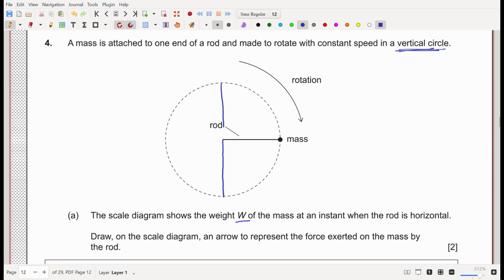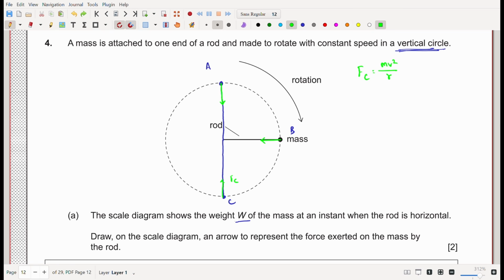Let's consider these 3 positions: position A, position B, and position C. Now, we all know that centripetal force always acts this way. I'm going to draw it in green, Fc. And it's going to have a constant magnitude. Fc is equal to mv squared by r. And v is constant because it's constant speed, and m and r are obviously constant.